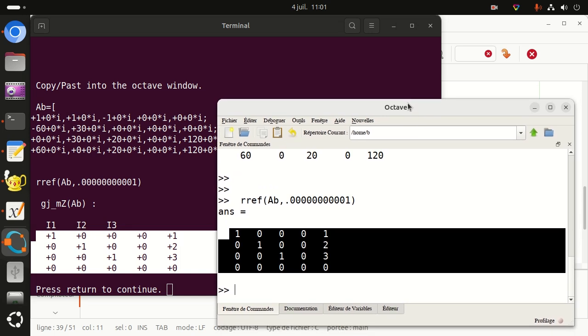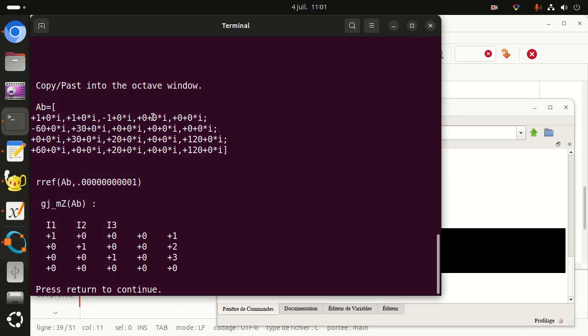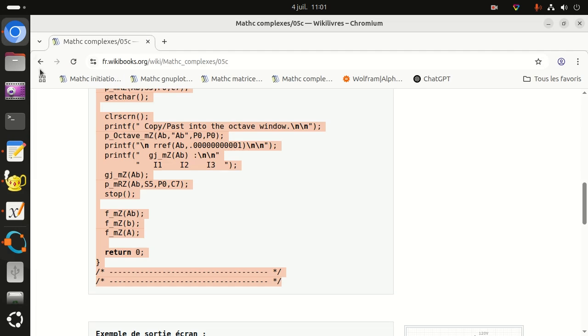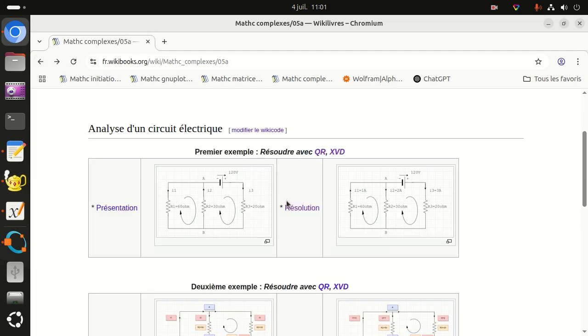You have the same result. Instead of using the Gauss-Jordan function, you can use the QR factorization.